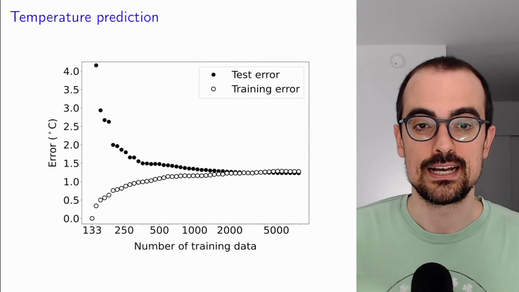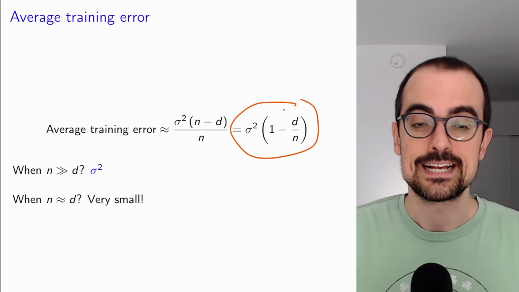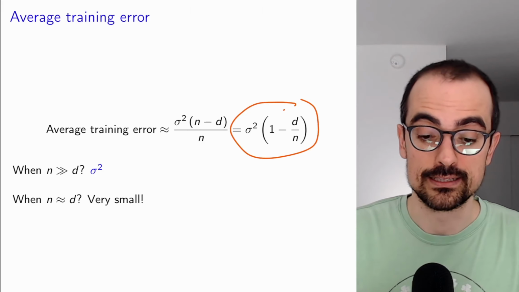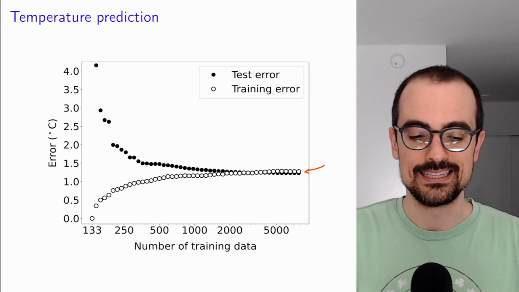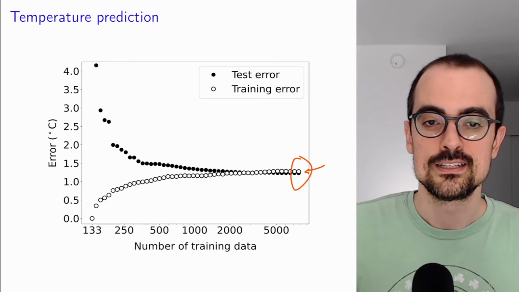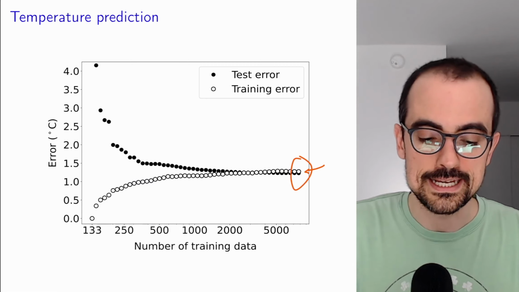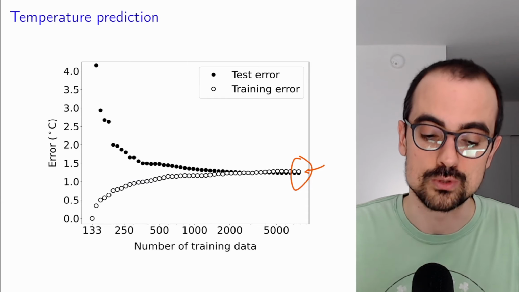And now we're going to see how well our formula explains what we observe on the real data. So we're going to assume that this is sigma, because in that regime with a lot of data, that is basically the square root of the squared error that we observe, and it corresponds to the test error.